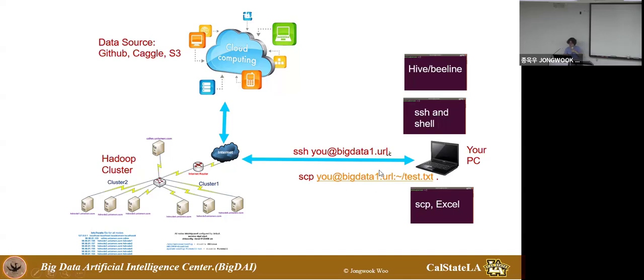So don't forget the colon, and then the tilde slash specifies your home directory in the Linux file system. Assuming you created the test.txt file in your home directory, you specify test.txt after tilde slash. And then don't forget the period. That says I want to transfer the test.txt file from the Linux server to the current directory on my personal computer, like my laptop.